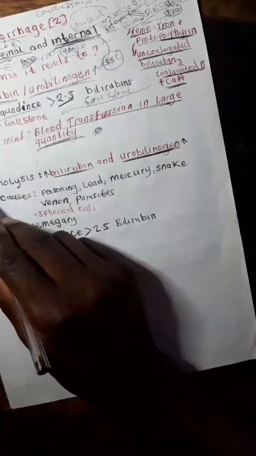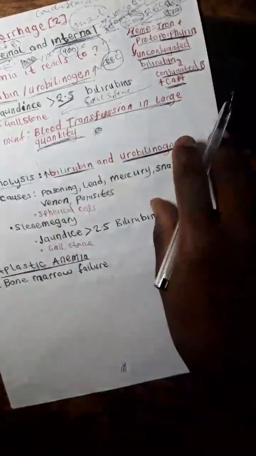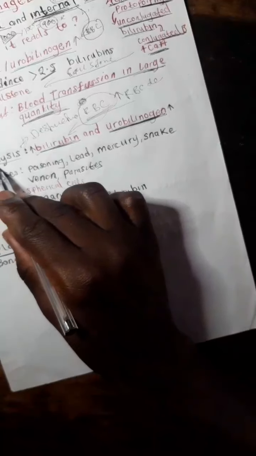So when you talk about hemolysis, what is hemolysis? Hemolysis is the increase in the destruction of red blood cells. Just like you have said for hemorrhage, the increased destruction of red blood cells can lead to bilirubin and urobilinogen accumulating in the body. So what can cause hemolysis?